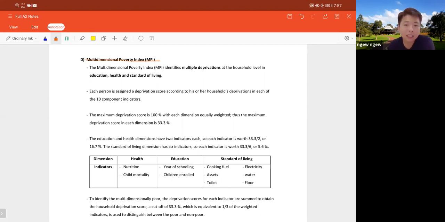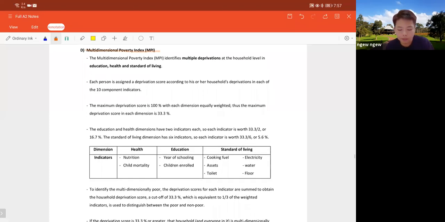Okay, multi-dimensional meaning that we need to see whether people are deprived and what people are deprived from, and we want to find out whether people are deprived from a wide range of factors or dimensions. So we introduce this multi-dimensional poverty index.